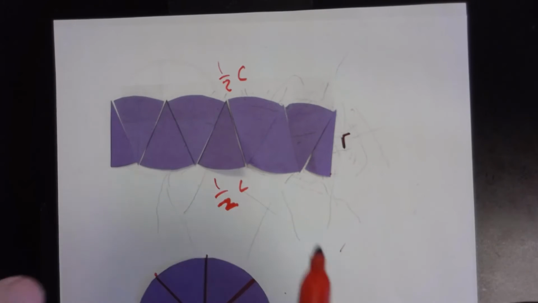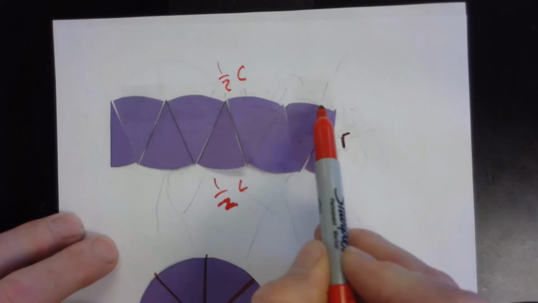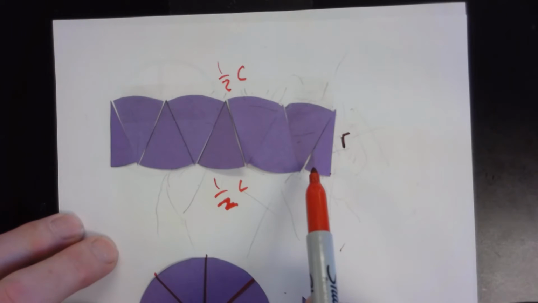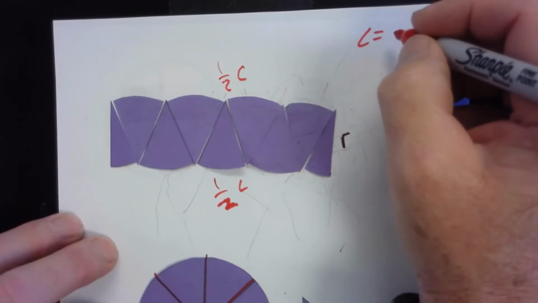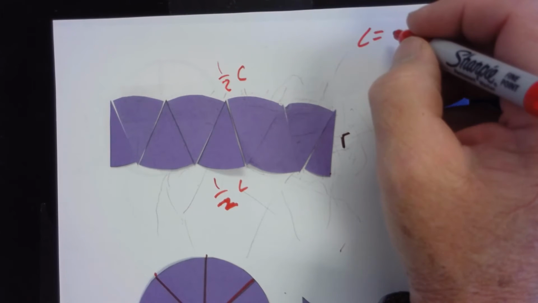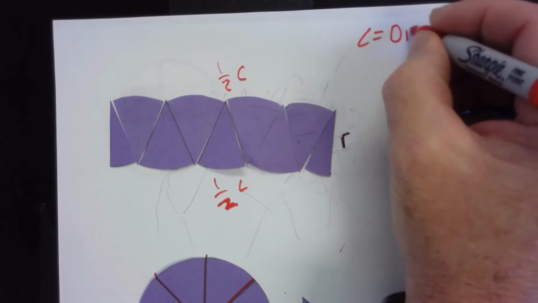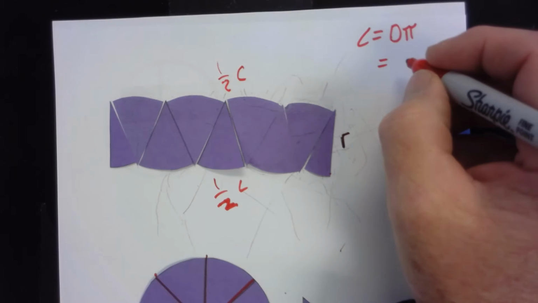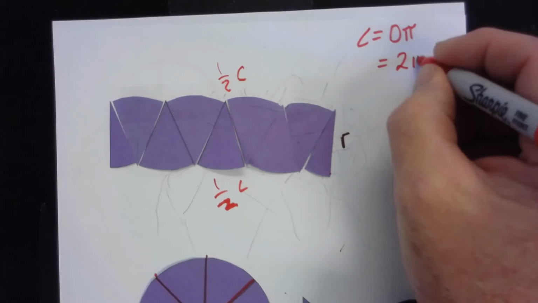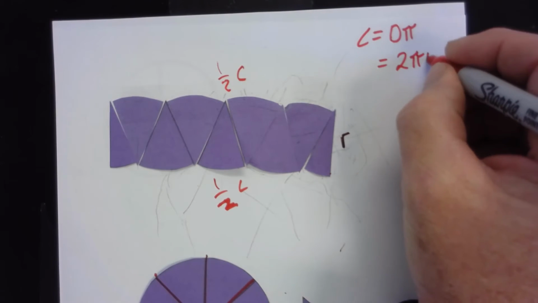Okay? Everyone agree that half the circumference is across the top and half of it is across the bottom? Do you remember what circumference is? Do you remember the formula for it? Diameter times pi. There's another way we say circumference. 2 pi r equals 2 pi times the radius.